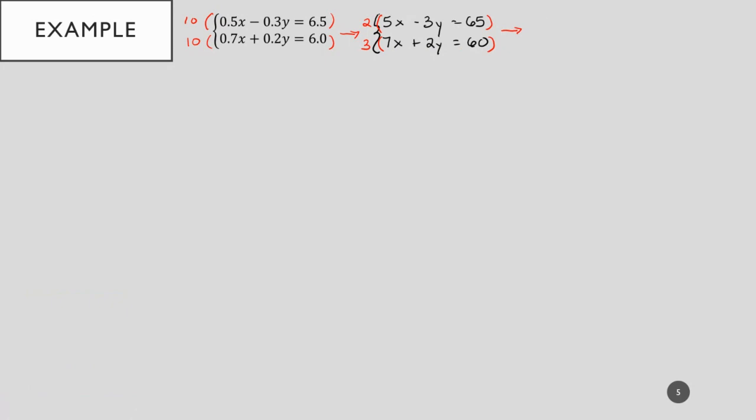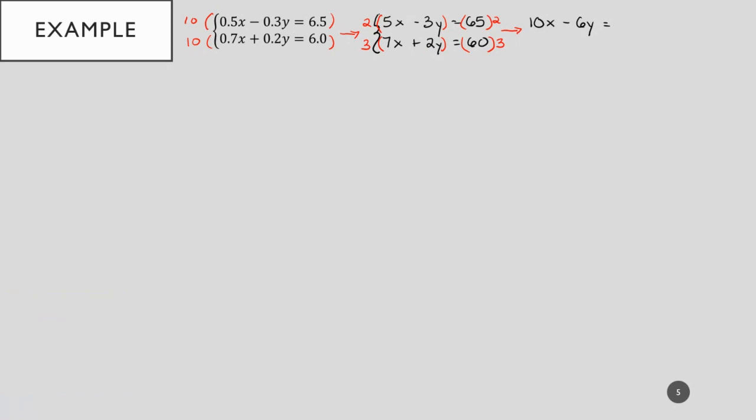So when I multiply the first equation by 2 to get 10, I get 10x minus 6y. And then you do also have to multiply the 65 by 2, and a lot of people tend to forget that. If that's something that you tend to forget, you can also write the number you're multiplying by on the right side so that you don't forget that.